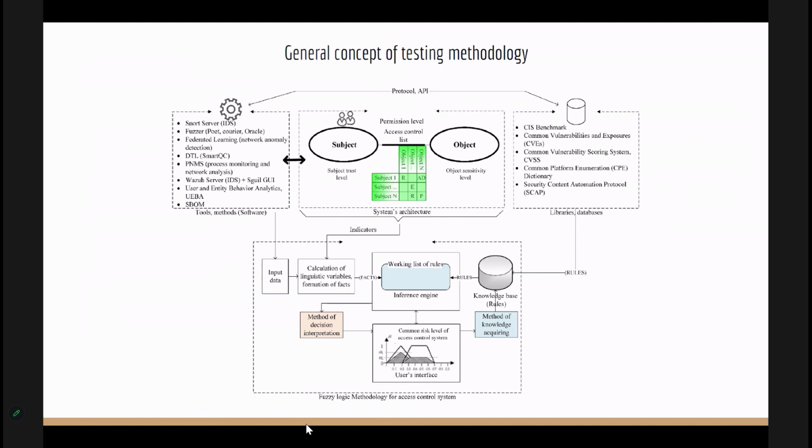Okay, very interesting picture, and we need to analyze the methodology and these rules more deeply. What language was used for building the rules, and what fuzzy inference was implemented?